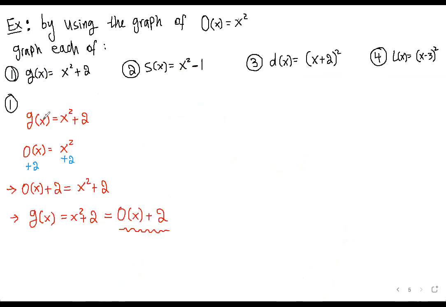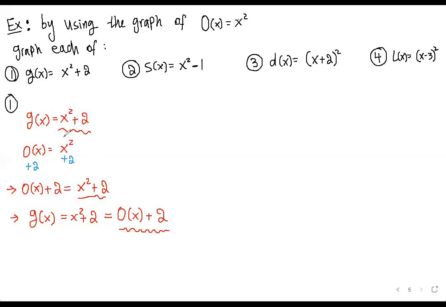So first of all, you write down the original function, you try to modify the original function such that it gives a function exactly similar to the g of x. So I add 2 to both sides. I get f of x plus 2 equal x squared plus 2. X squared plus 2 is the same as g of x here.